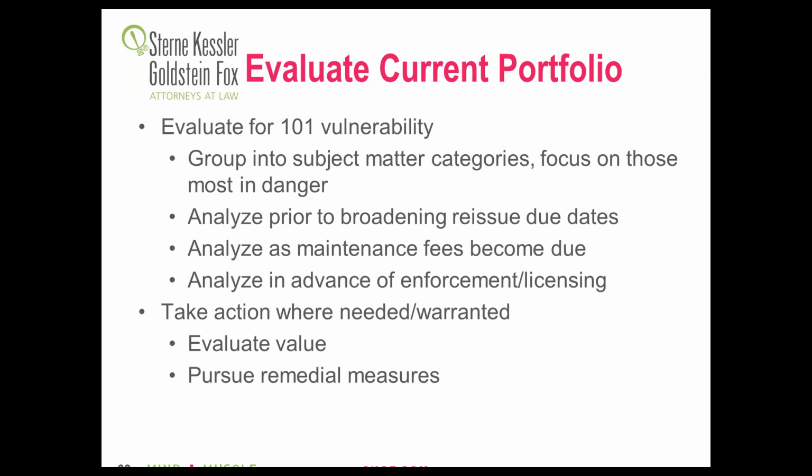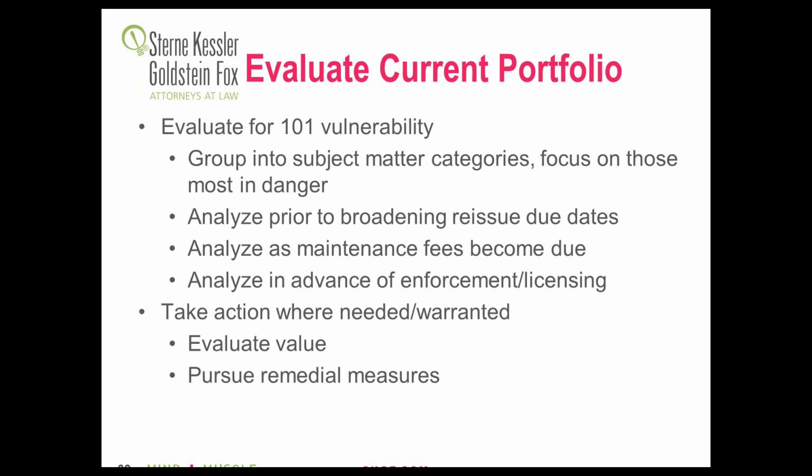Obviously, the courts aren't bound by the PTO guidelines, but as the Patent Office tries to come up with broader examples, it's something that we may be converging on in 101 jurisprudence here.